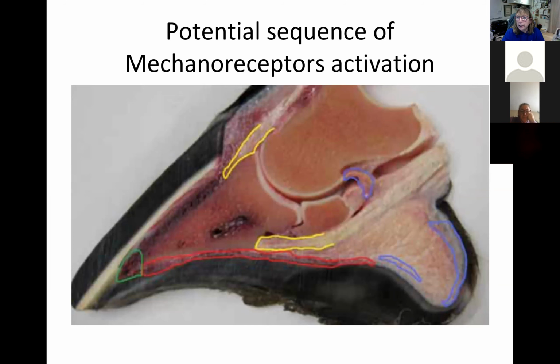The red is where the Ruffinis are. The yellow is the deep digital flexor tendon and the extensor tendon coming in, and I've forgotten what the little green line is. But basically what we're looking at here is that there are these mechanisms in the foot that we are affecting in one way or another with Surefoot.